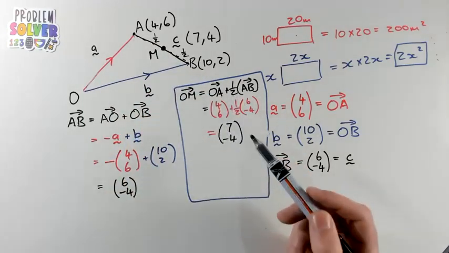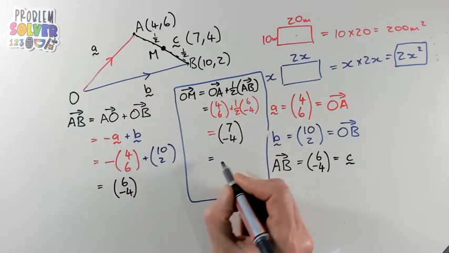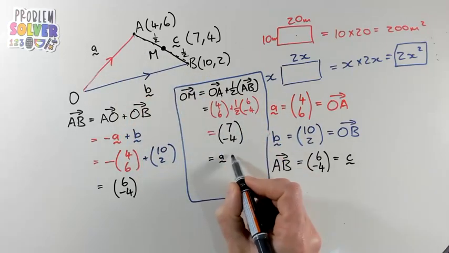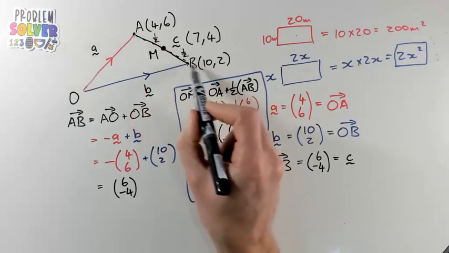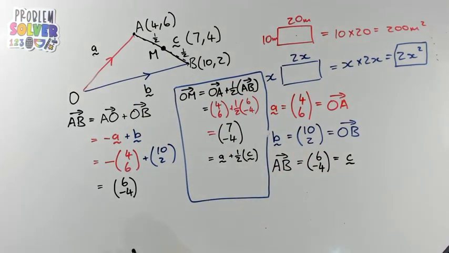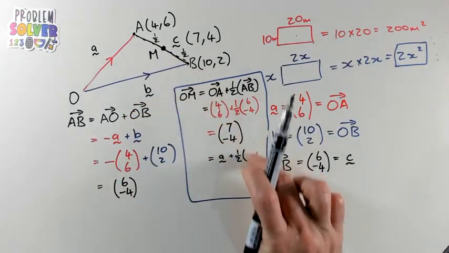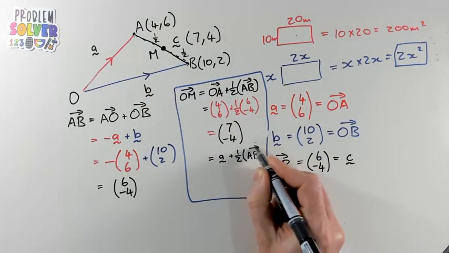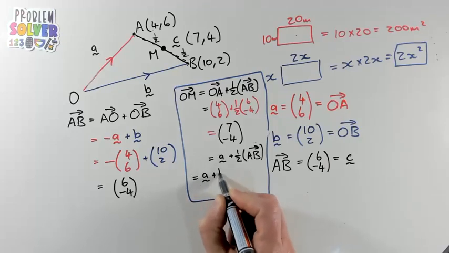If I wanted to write it algebraically, I could go the route and say, well, OA is A, and then AM is half of, well, let's say C. It's half of C. But maybe I didn't have C. So then I'd have to say, well, I don't have C. I just have half of AB.